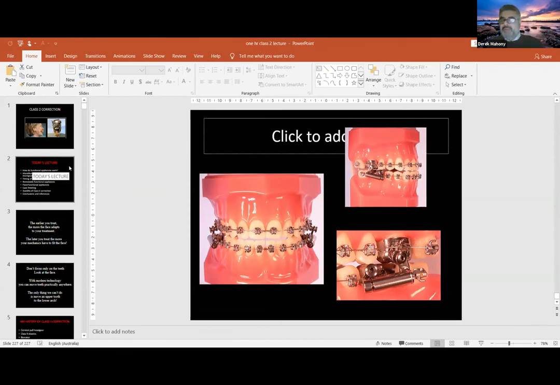When I lecture on high angle class 2s, we used to treat the mandible by impacting the maxilla, but you still end up with this very weak gonial angle. So if you look at the newer surgeries for high angle class 2, they involve very much posterior rotation type surgeries.